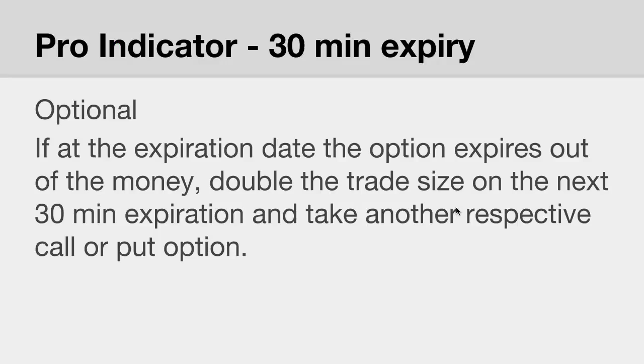If at the expiration the option expires out of the money, we suggest that you double your trade size on the next 30-minute expiration and take another respective call or put option. This just means that if the market is going in the direction that we want, but we haven't quite landed in the money, we suggest you double up your trade size. So if you were trading $100 calls, then we suggest placing a $200 call.